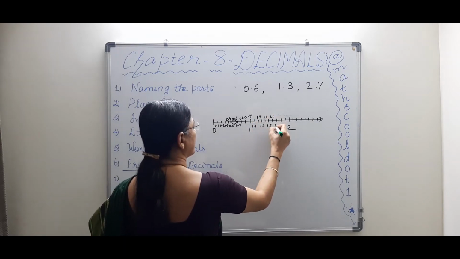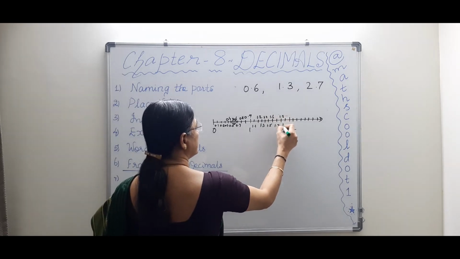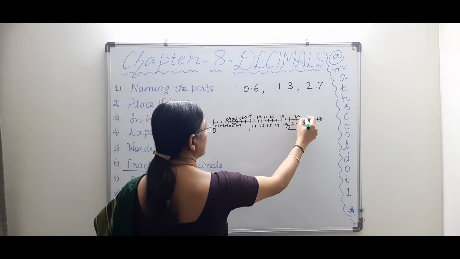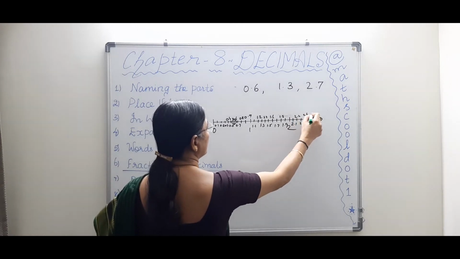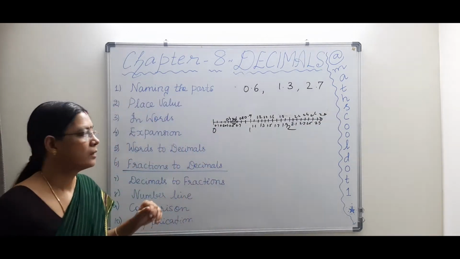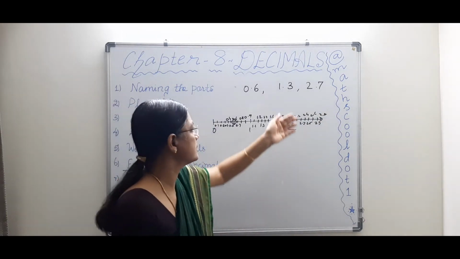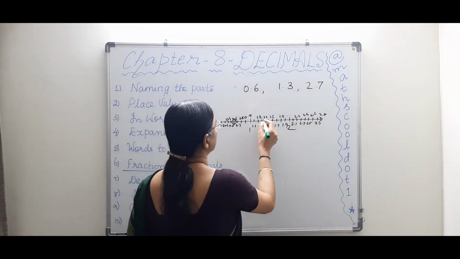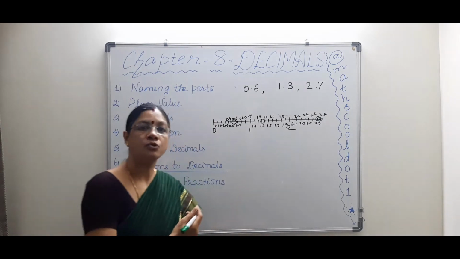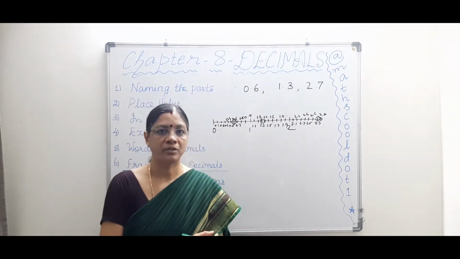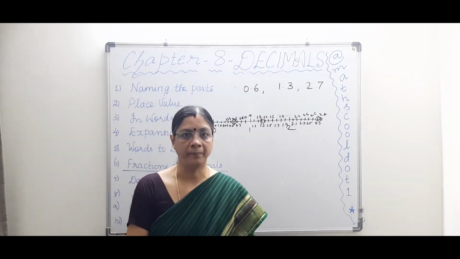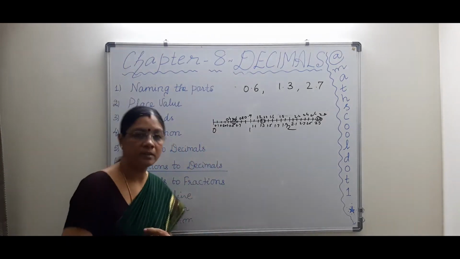Now this is obvious. 1.3 is here and 2.7 is here. So this is quite easy compared to fractions. Marking decimal numbers on the number line is very simple.